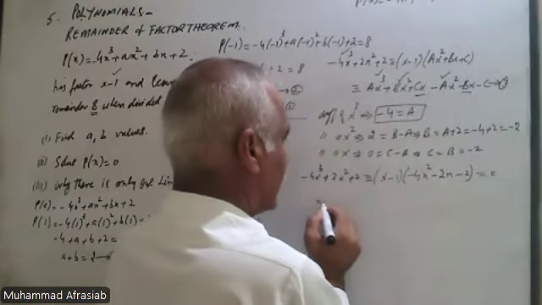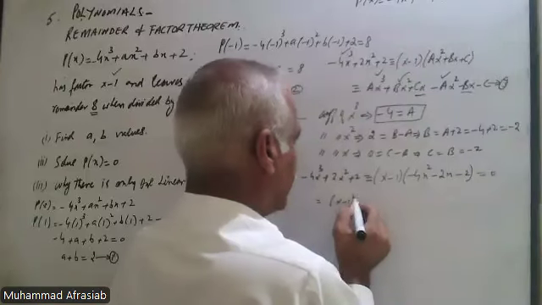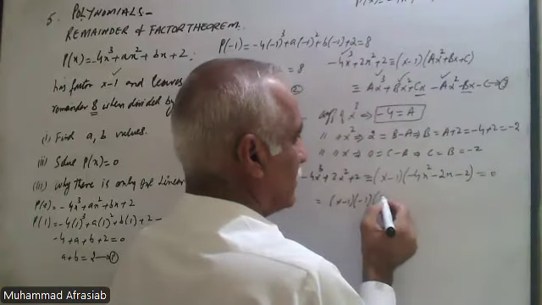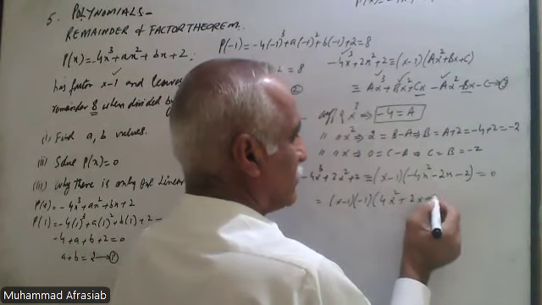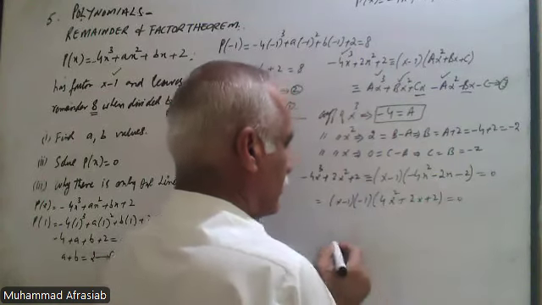Then we can write this as x minus 1, with minus 1 common, 4x square plus 2x plus 2 equal to 0.